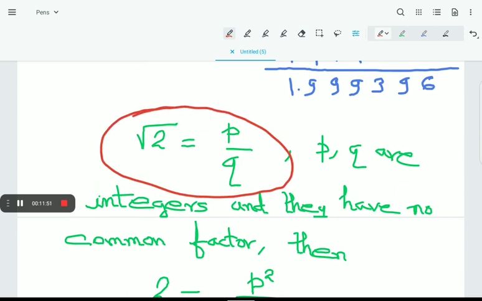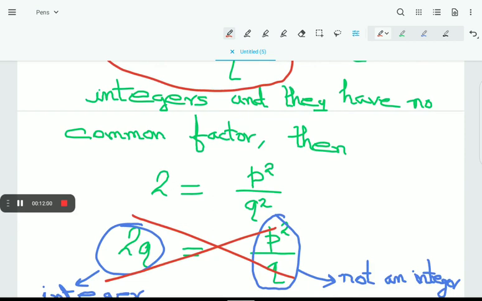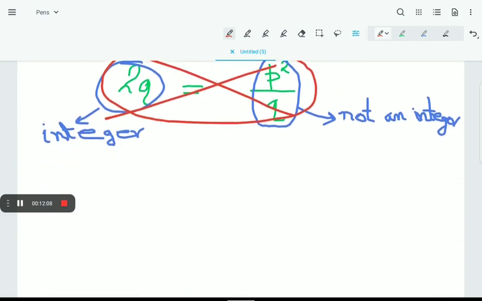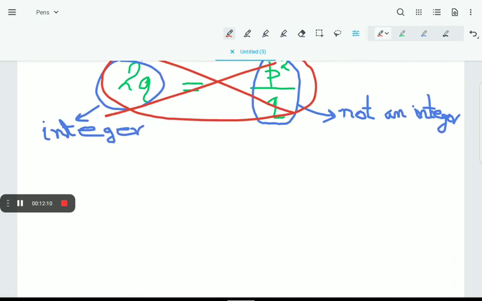So if we start with such a thing, root 2 equal to p by q, where p and q are integers, then we will come to the conclusion that we have made a mistake once again. Then what can we do? We can't start with saying that root 2 equals p by q, where p and q are integers.